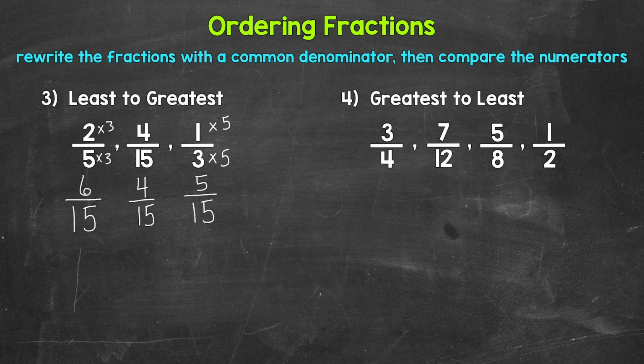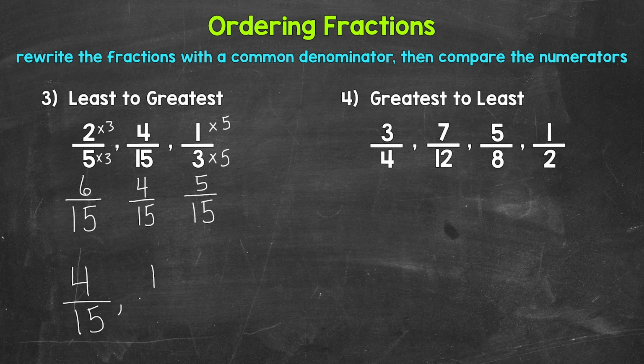Now with everything renamed with a common denominator, let's put these in order from least to greatest. We will use the original fractions here. 4/15 is the least, so that comes first. Then 5/15, which our original fraction was 1/3.